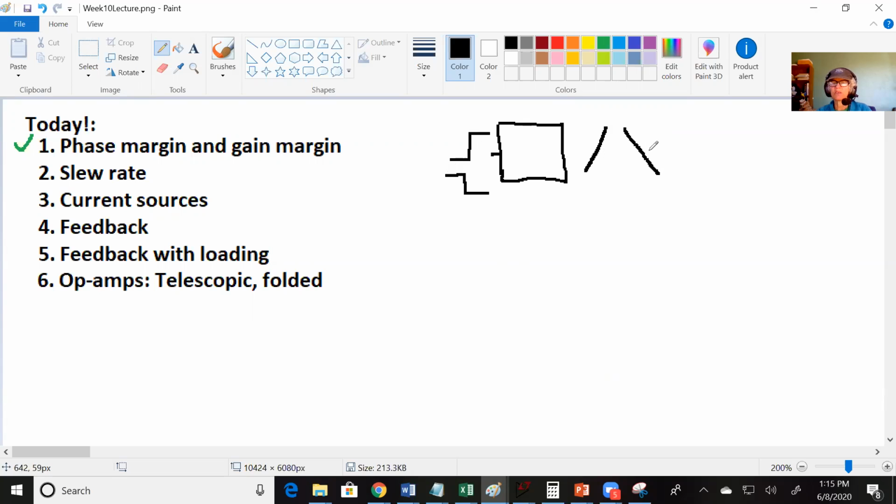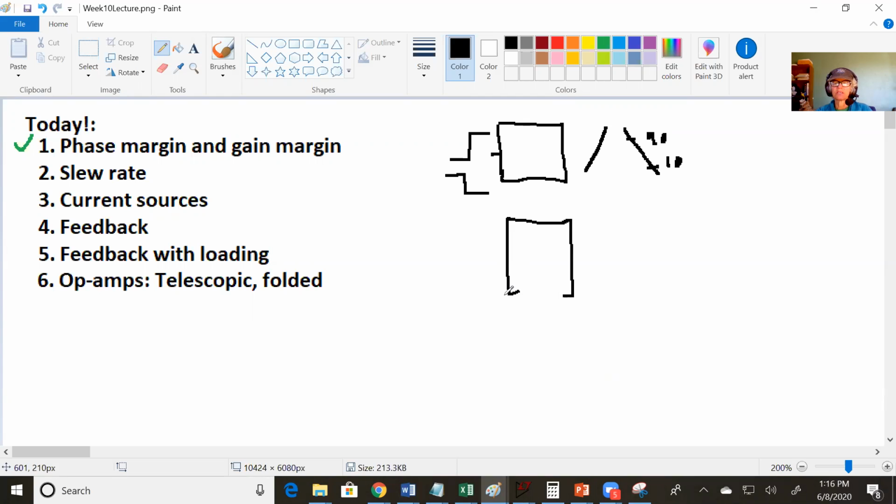Or if it's inverting, then these two would be switched. And this time from 10 to 90 for digital, or 90 to 10, was the rise time or fall time. Okay, slew rate is kind of the analog version of that.